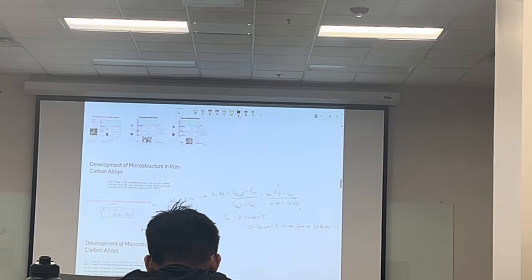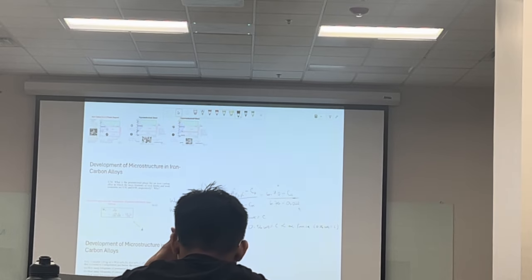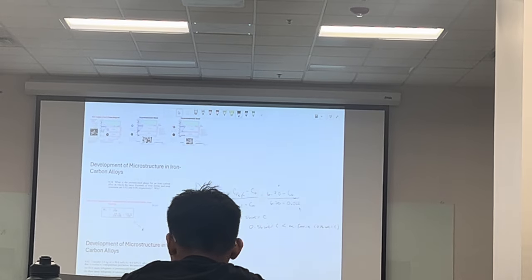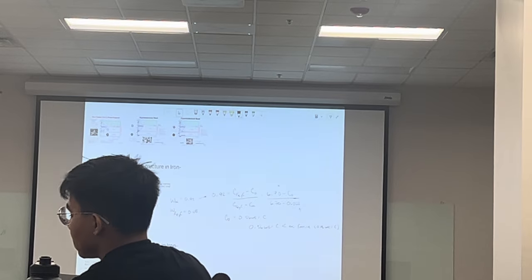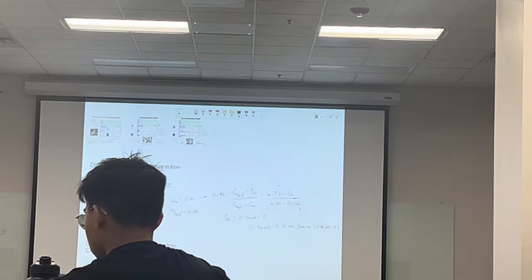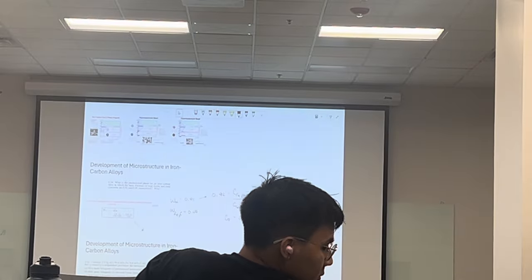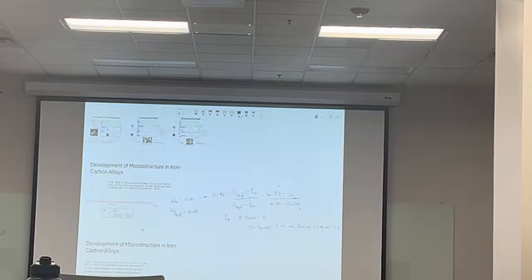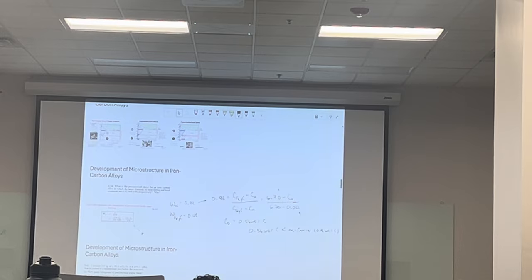Okay, so any questions on this one? Again, the composition of the iron carbide and the composition of that alpha phase are from your phase diagrams. Those are listed values for the cementite, like in your text.